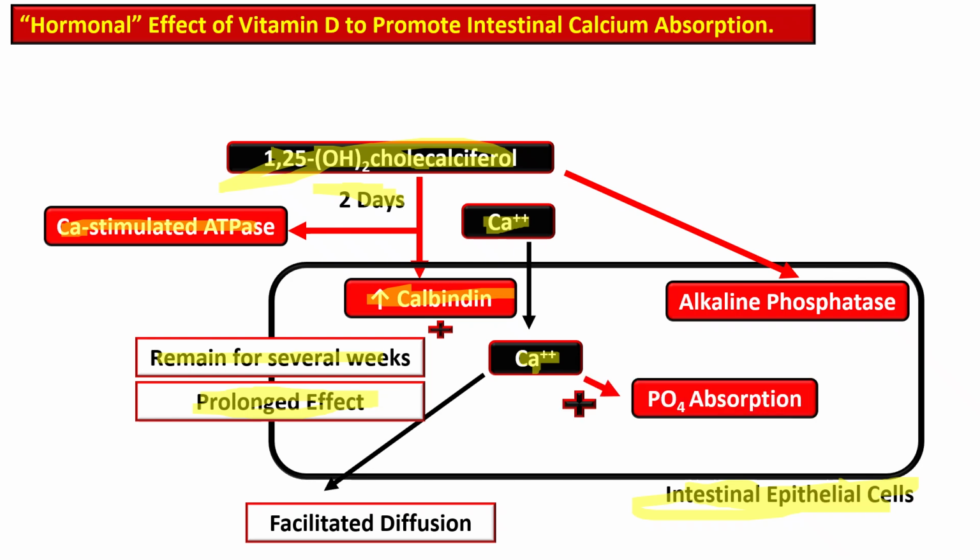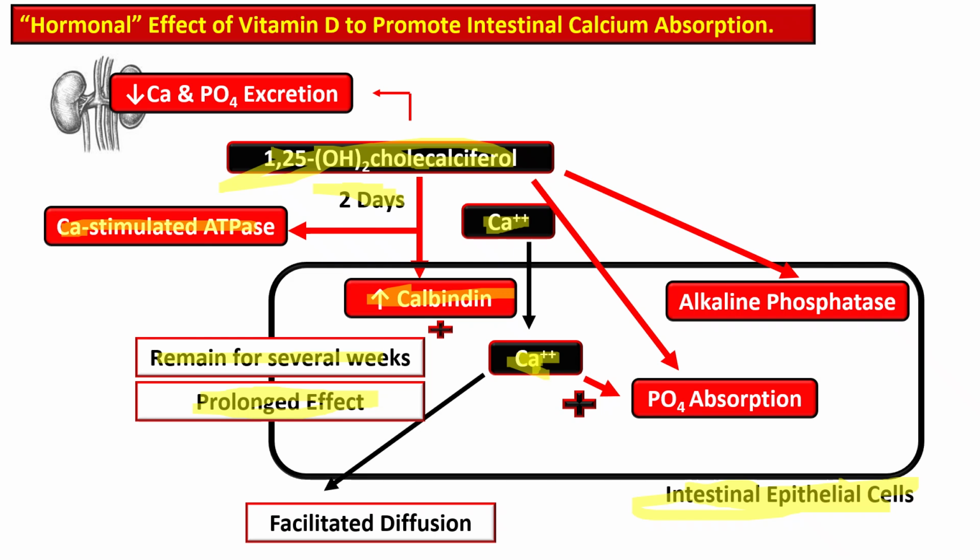It also causes the phosphate absorption in the intestinal epithelium, and it is a direct effect of this cholecalciferol, or possibly indirect via this calcium mediated transport. There is some effect on the kidney also, that is a weak effect, and it slightly enhances the reabsorption of calcium and phosphate in the renal tubules. So the calcium and phosphate excretion is also decreased.